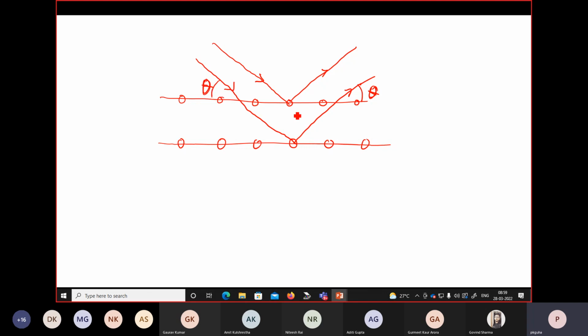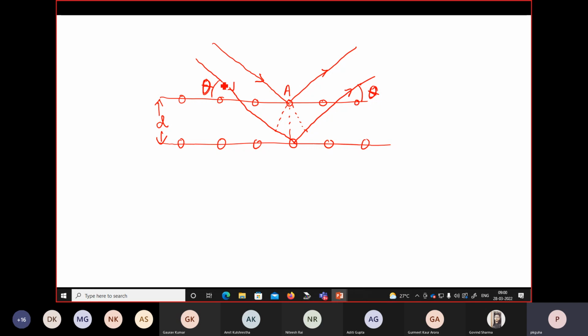So all we have to do is to find out how much this second X-ray waveform travels extra path compared to the first X-ray waveform. Say the distance between crystalline planes is d, and I draw the perpendicular here.